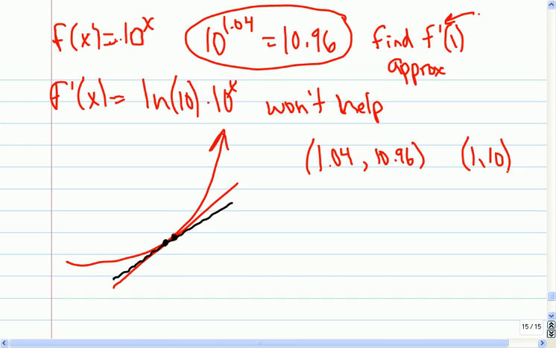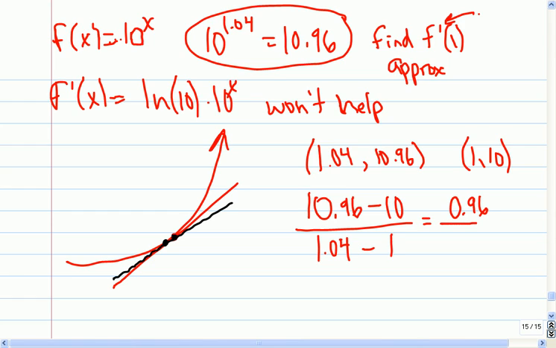So what I'm going to do is use plain old-fashioned slope, which is to go 10.96 minus 10 over 1.04 minus 1. So I would end up with 0.96 over 0.04.